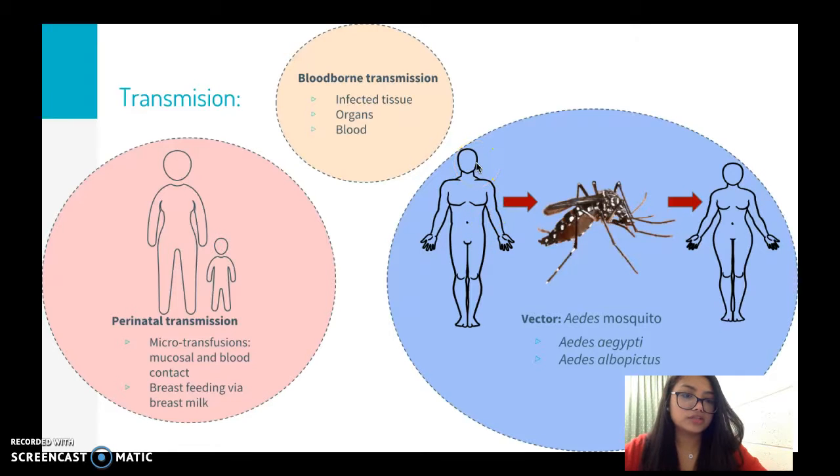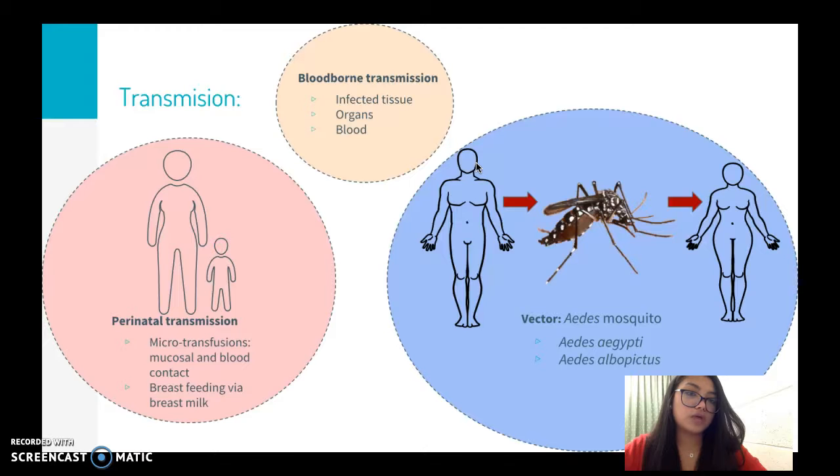Here we have vectors, which are primarily the Aedes mosquitoes, mainly the Aedes aegypti, because it is less susceptible to the infection of DNV compared to Aedes albopictus, and will therefore require higher viral load in the human host to infect the mosquito.